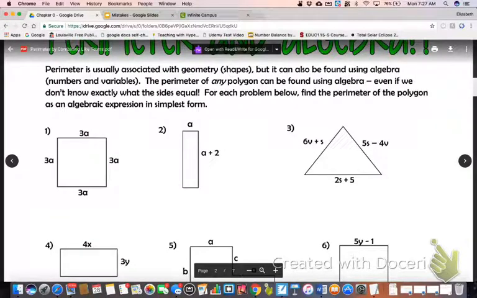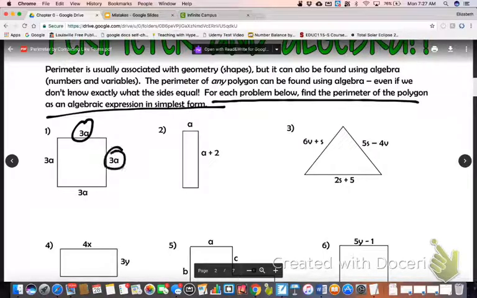So how does this play out when we have example problems that combine perimeter and combining like terms? Okay, so let's look at a few examples. This says, for each problem below, find the perimeter of the polygon as an expression in simplest form. So in other words, we're going to add all the sides together and combine them using like terms. So if I'm looking at example number 1, I'm just going to add all 4 of these sides together.